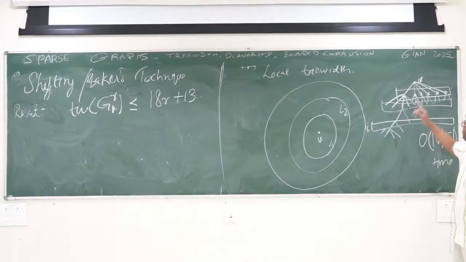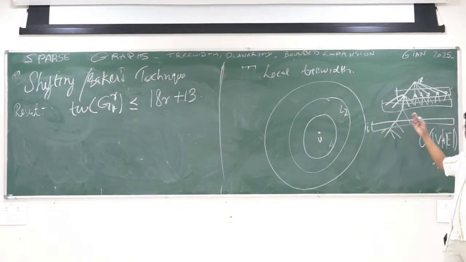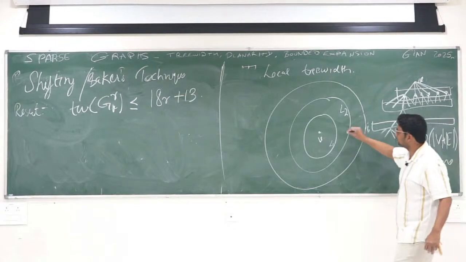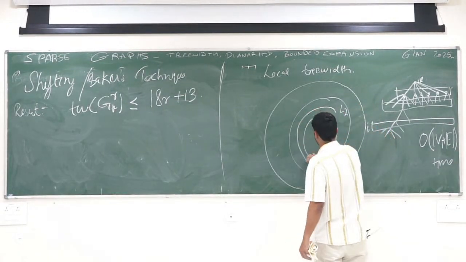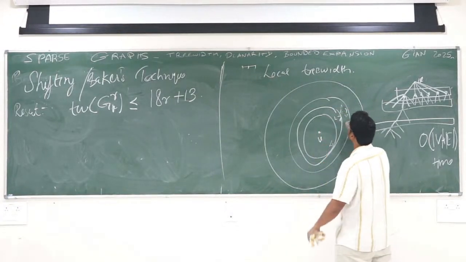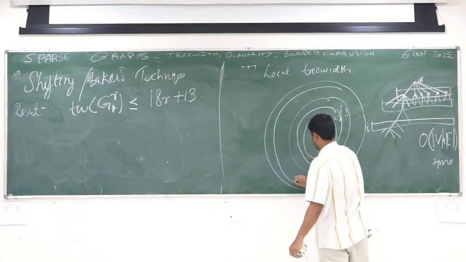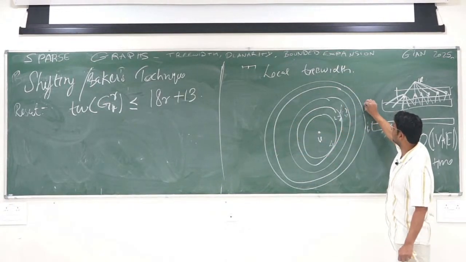Similarly, when I explode my graph in this manner, let's say that there are many levels. This is L2, and they never intersect, by the way. Let's say this is the ith level.